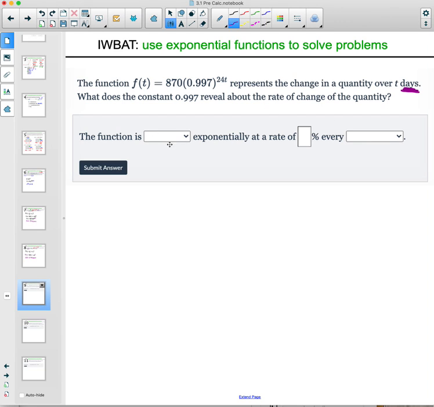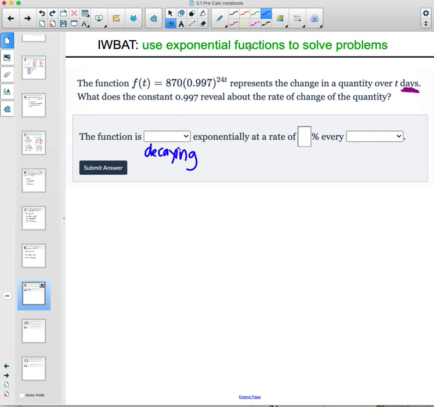So decaying or growing. This one is decaying, so it's going to be an exponential decay, because that growth factor is less than 1, right? If this was a 1 in here, that would be 100%. So this is less than 1, so it's decreasing.